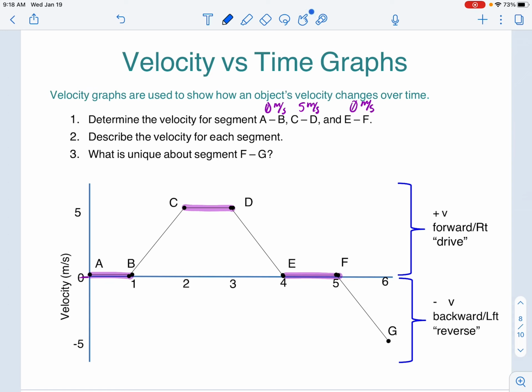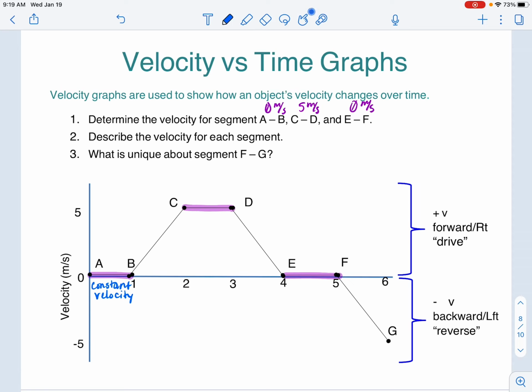For this first segment, segment AB, we could say that this particular segment has a constant velocity. That would absolutely be okay. But I want you to look more carefully. That velocity is at a value of 0.